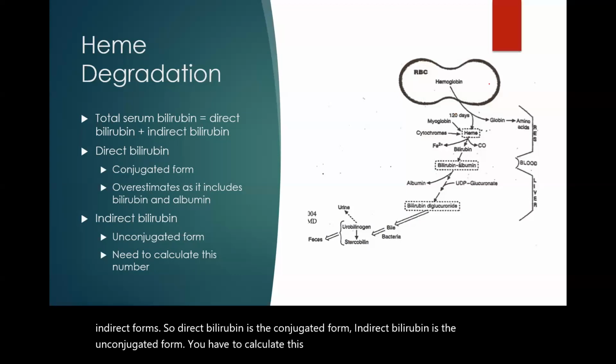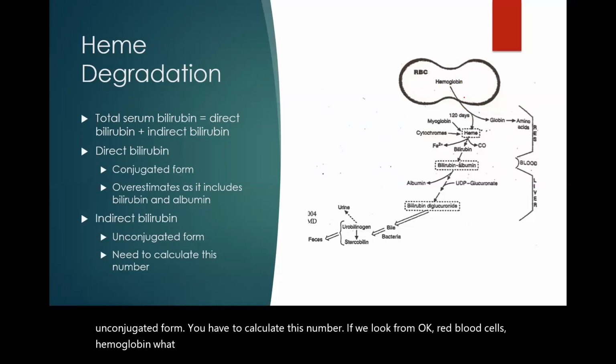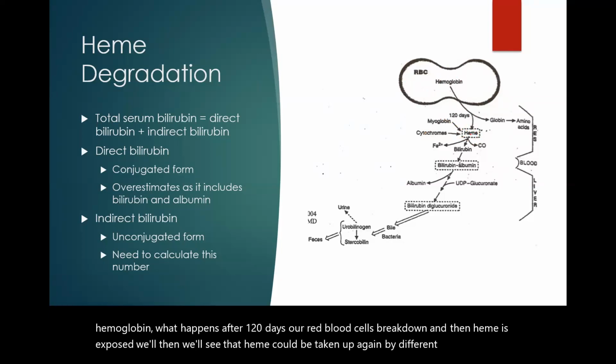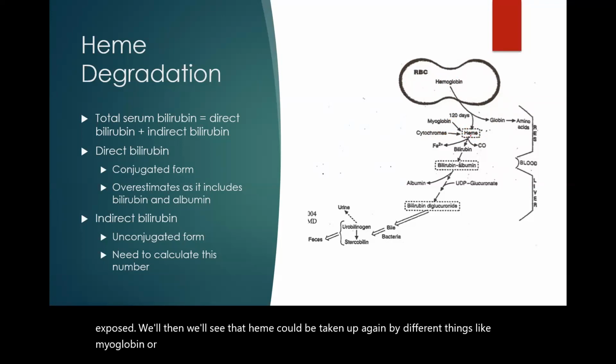If we look from red blood cells, hemoglobin, what happens? After 120 days, our red blood cells break down and then heme is exposed. Heme could also be taken up from things like myoglobin or cytochromes. From there, that will get broken into bilirubin. Iron and carbon monoxide are released.